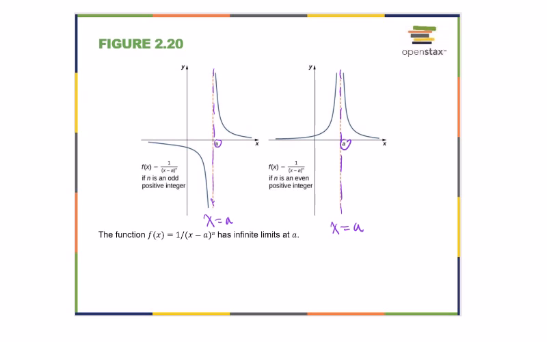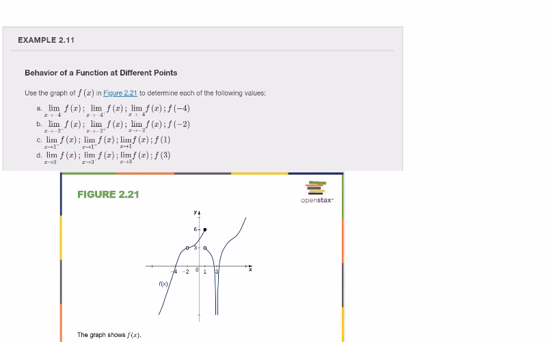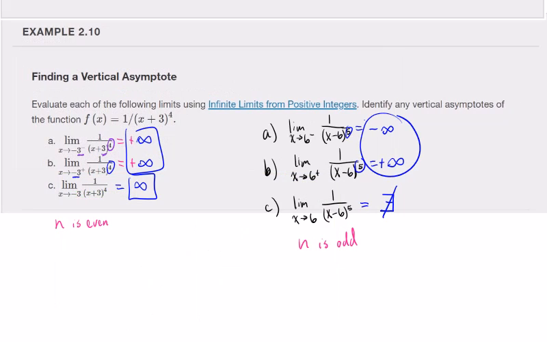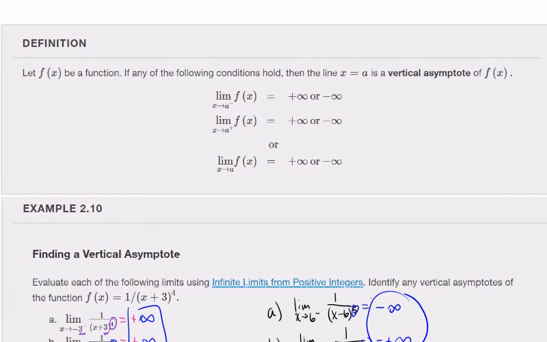So what this says is, oops, wrong one, sorry. So if any of the following conditions hold, then we have a vertical asymptote, right?